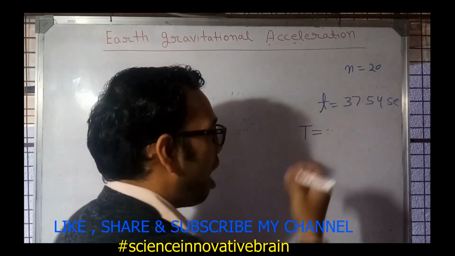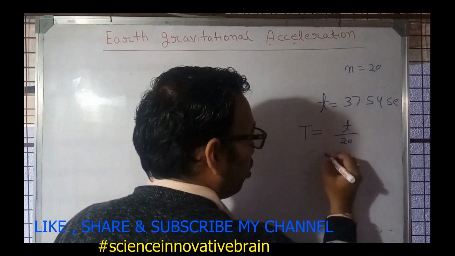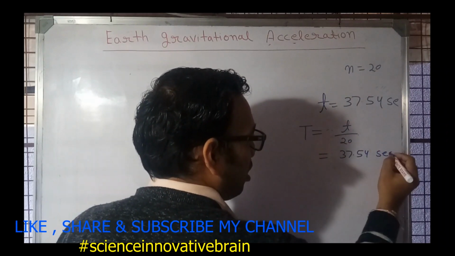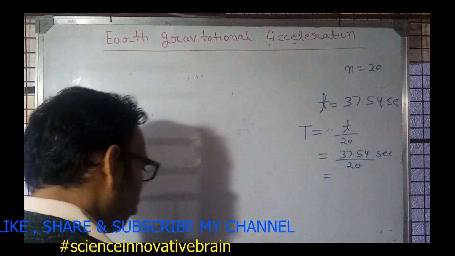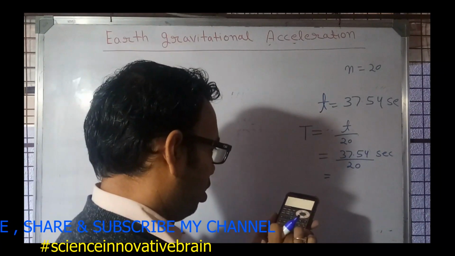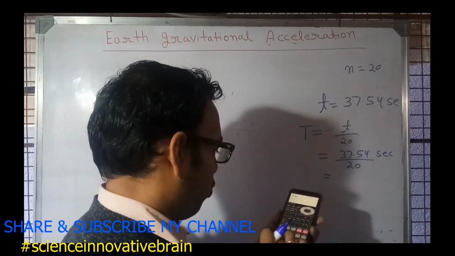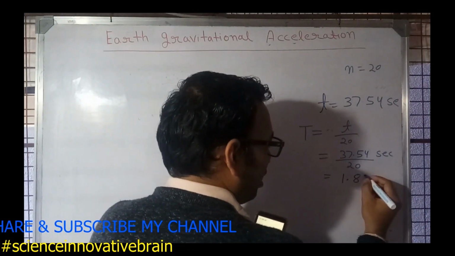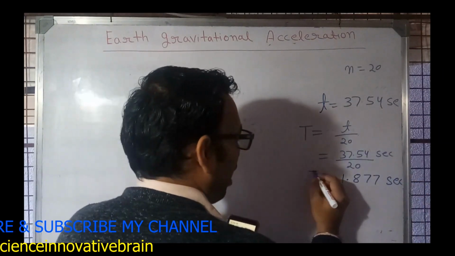So the time period will come small t divided by 20, 37.54 seconds divided by 20. It is coming approximately 1.877 seconds. So this is our time.